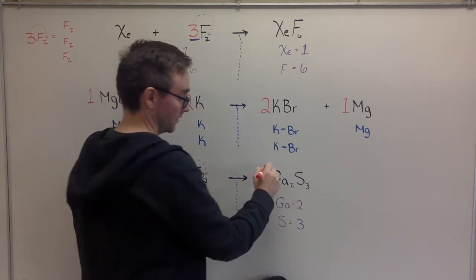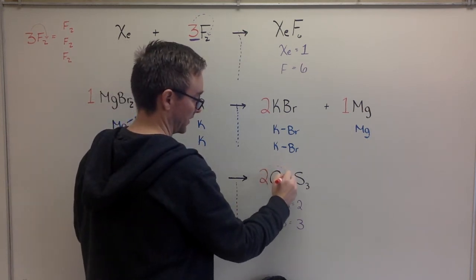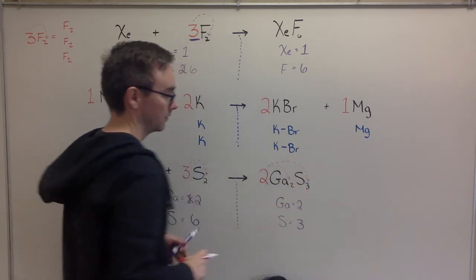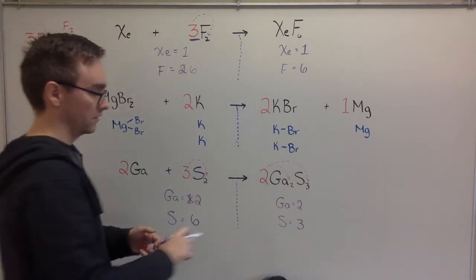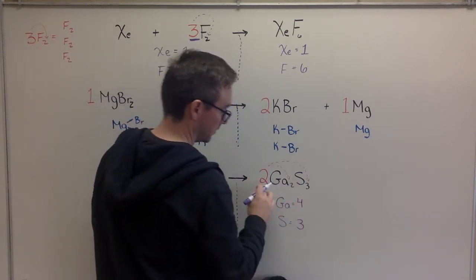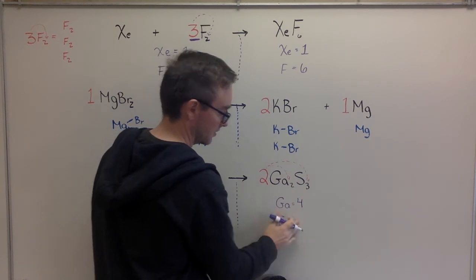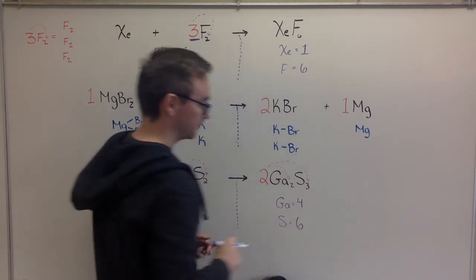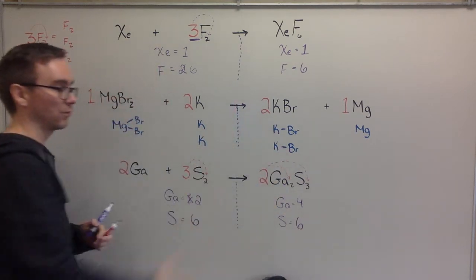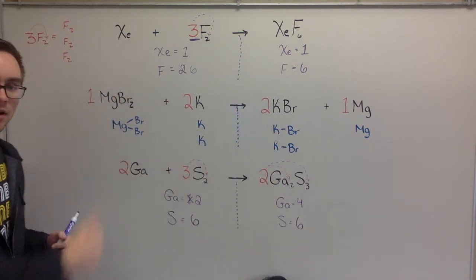Now, here's one thing. That 2 goes to both the gallium and the sulfur. 2 times 2 is 4. 2 times 3 is 6. All right? So I fixed my sulfurs, but now I have a new problem. My galliums are off again.